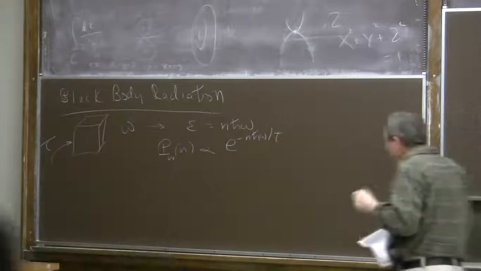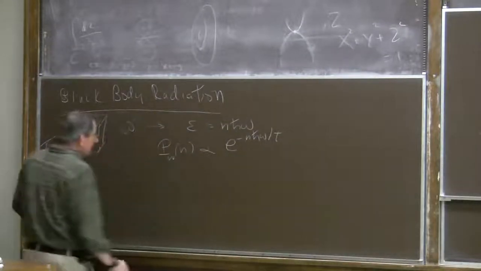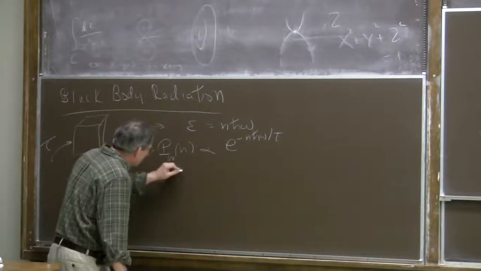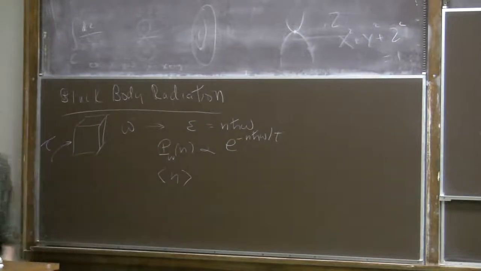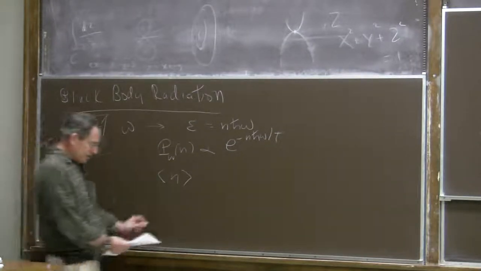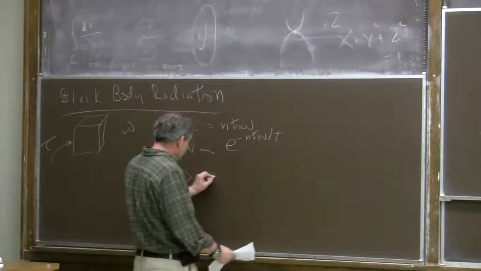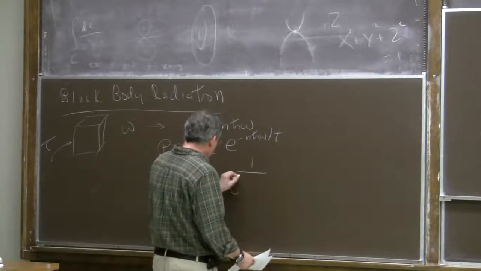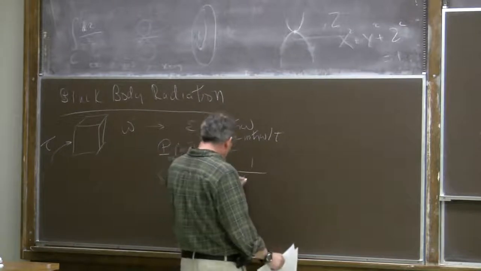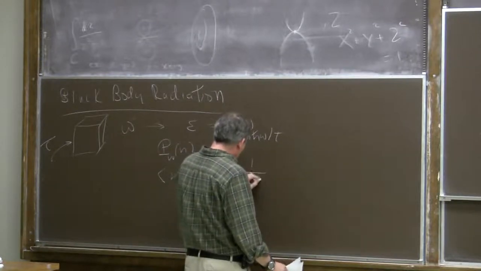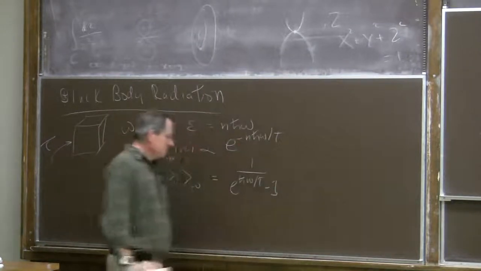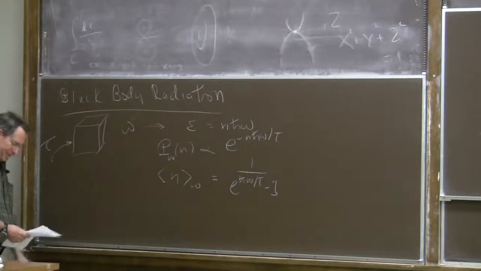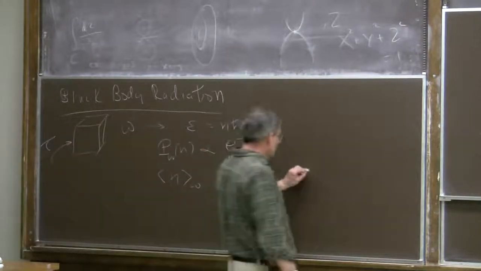And it would then follow that the expected value in that distribution for the number of photons in the mode with circular frequency omega and at temperature tau would be given by the reciprocal of e to the h bar omega over tau minus 1. That's the Planck distribution.